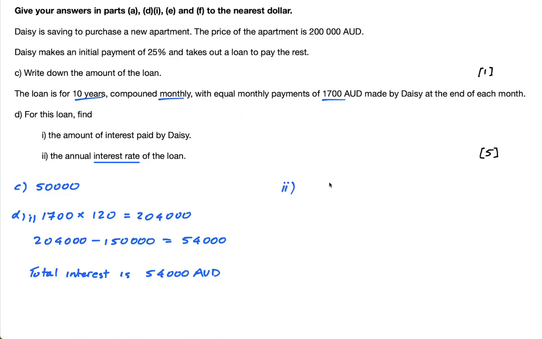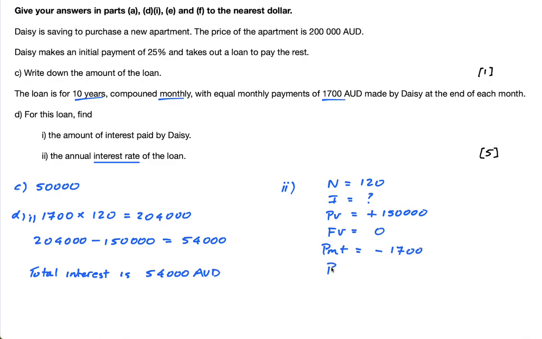So let's write down our working. N is 120. Interest is, I don't know. Present value is minus 150,000. Future value is 0. Payment is, sorry, I put that as plus, guys, and then the payment is negative 1,700.